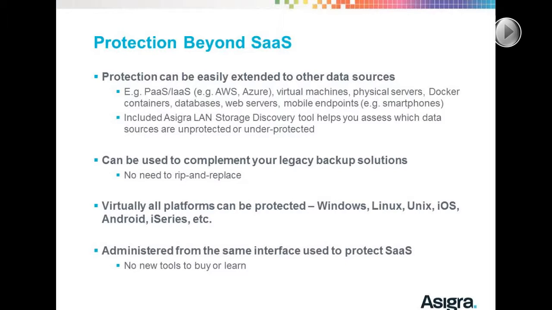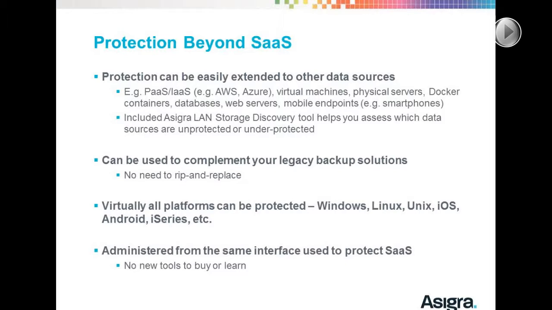With the Asigra Cloud Backup, there's no need to rip and replace your existing data protection solutions. Instead, you can use Asigra Cloud Backup to complement them. So for example, you may decide to start with only wanting to protect your SaaS sources with Office 365, but then if down the road you decide you want to start switching over some of your other data sources to Asigra Cloud Backup protection, it's easy to do using the same interface that I showed on the previous slide that you would use to protect your SaaS-based sources.